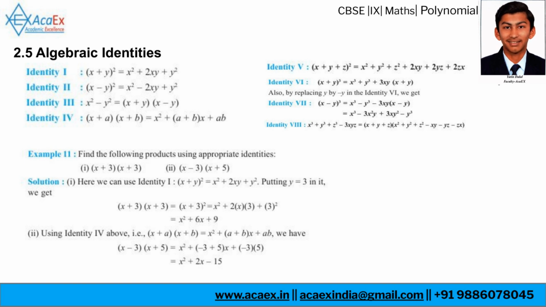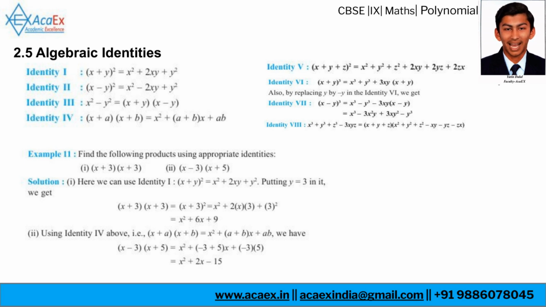Identity 5: (x plus y plus z) squared equals x squared plus y squared plus z squared plus 2xy plus 2yz plus 2zx. Identity 6: (x plus y) cubed equals x cubed plus y cubed plus 3xy(x plus y).